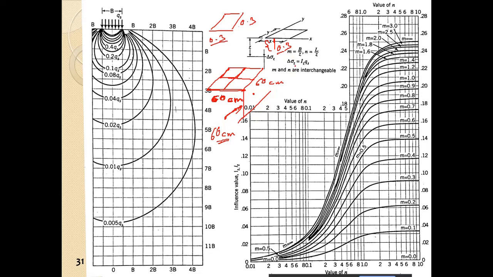Influence factors given by Taylor. So we have M is 1, definitely B by Z, so Z is 0.3 and B is also 0.3, so M is equal to 1. Similarly, L by Z we will have 0.3 by 0.3, again 1. So M is equal to 1, N is equal to 1. So we have to find out what is the influence factor Iz.